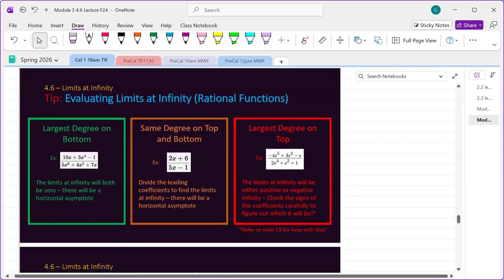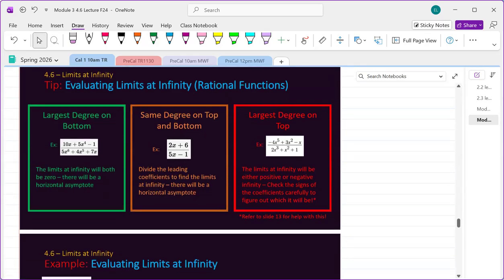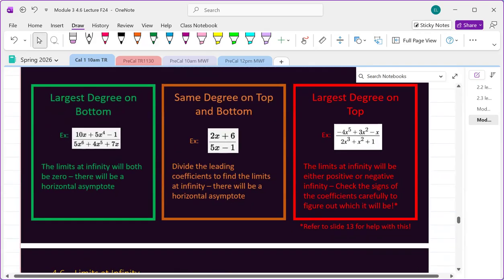So we got a kind of summary slide here. If the highest power term is on the bottom, then the whole thing ends up going to 0. If the highest powers on the top and the bottom are the same, then we end up trying to do a meet in the middle where the coefficients are actually going to make us go to a weird number.